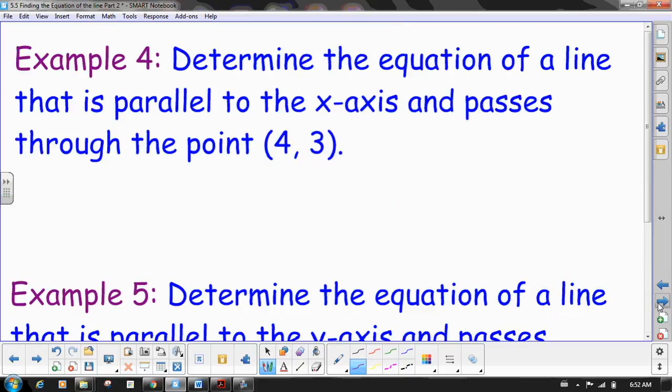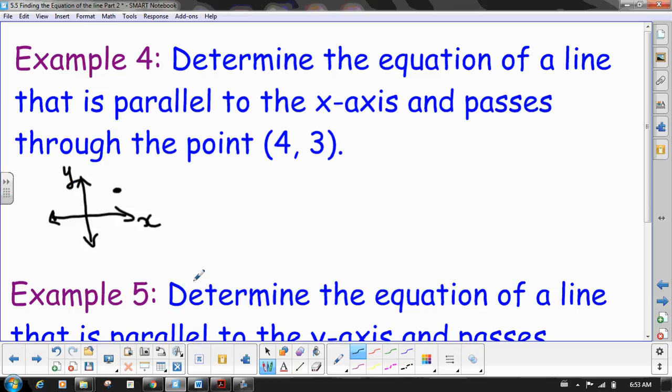All right, so example 4. Determine the equation of a line that is parallel to the x-axis and passes through the point 4, 3. Okay, so if we were to sketch this, a little tiny grid, the point 4, 3 would be roughly here. This is the x-axis.